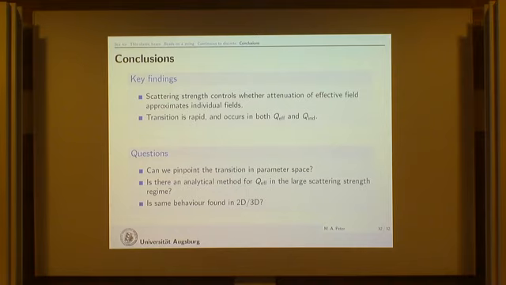So just very quickly, the key finding is that it's really the scattering strength that controls whether the attenuation of the effective wave field approximates individual wave fields. If you use this multiple scale method, effective media theory, all the stuff that you can nicely do on paper, you only get decent answers for individual realizations when there's a lot of scattering, let's put it that way. And what is interesting is that this transition is very rapid.